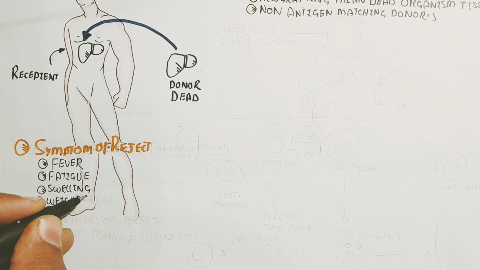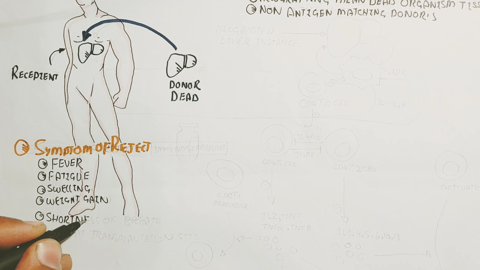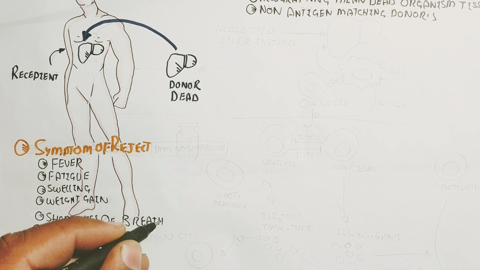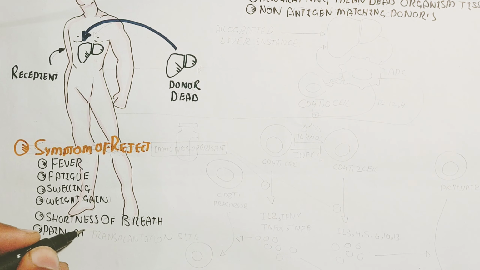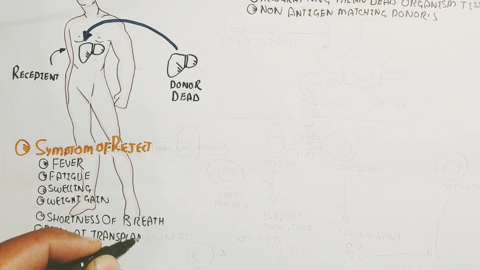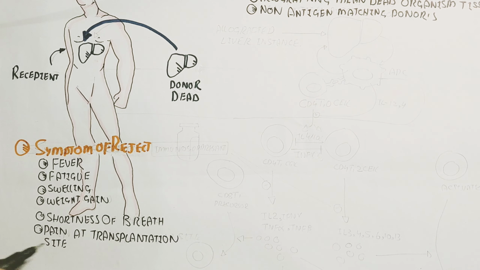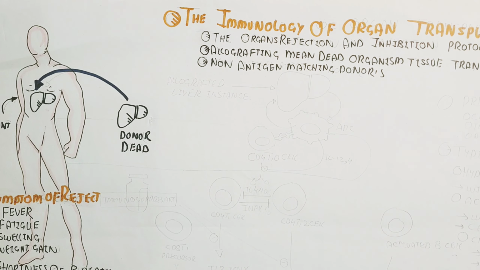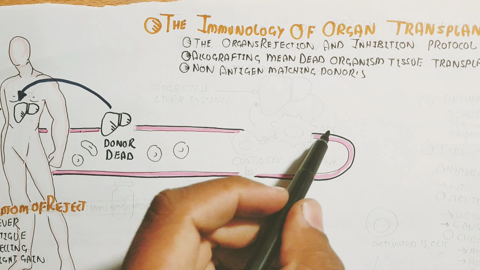Fever, fatigue, swelling, and weight gain are symptoms of rejection. On the other hand, shortness of breath and pain at the transplantation site are also signs and symptoms of rejection.